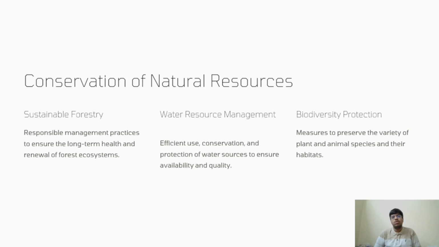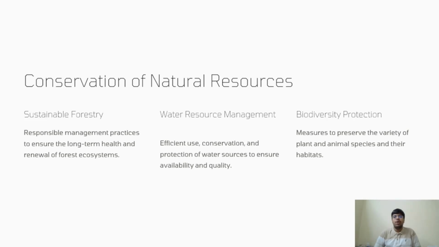With the increase in human population day by day, natural resources along with forest ecosystems are being depleted, which must be brought under control. Next we have water resource management, where we need efficient usage and conservation of water sources along with their protection to ensure that they are available with good quality in the future.